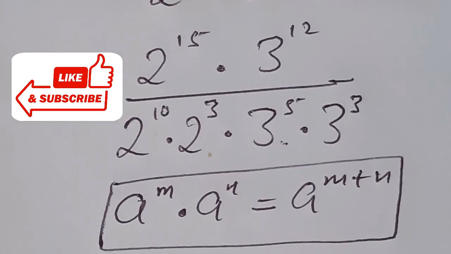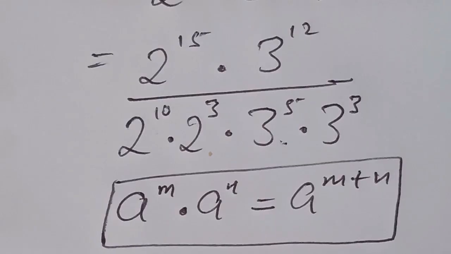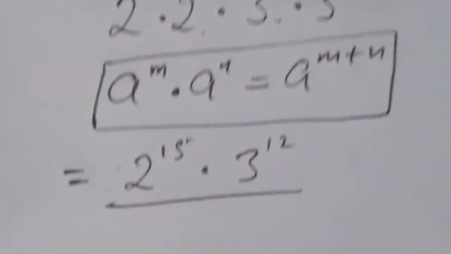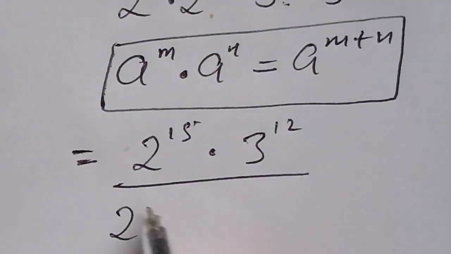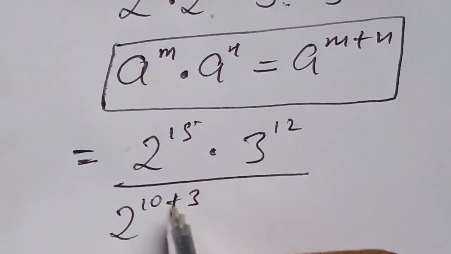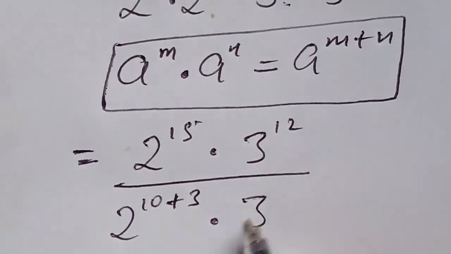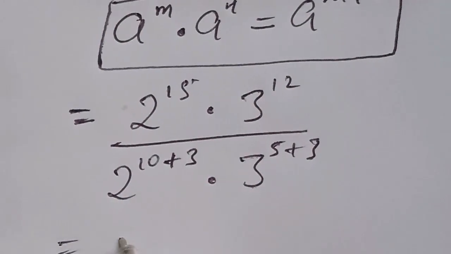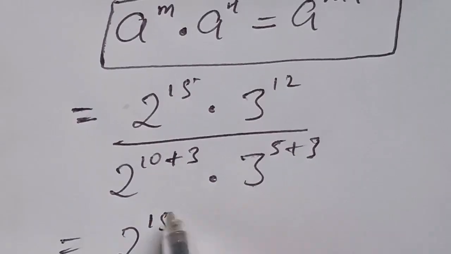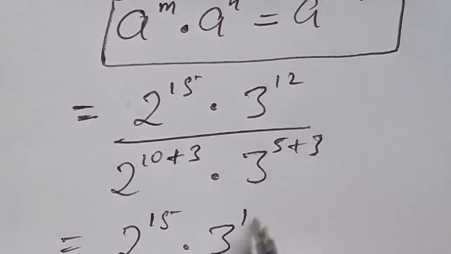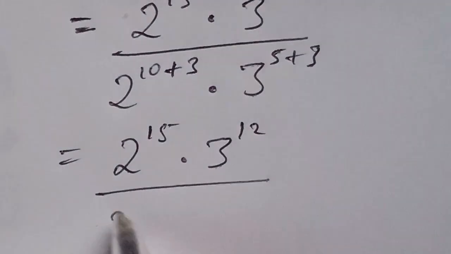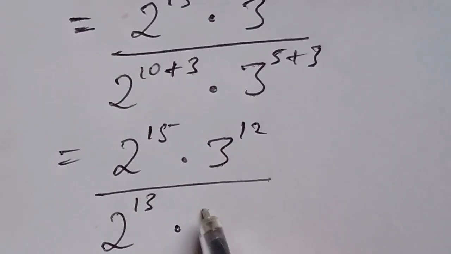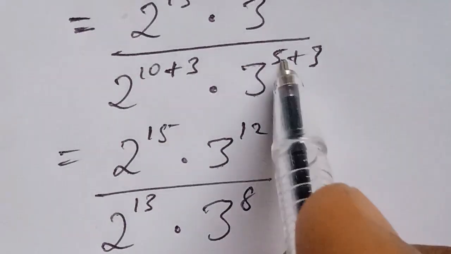So we have that to be equal to 2 to the power of 15 multiplied by 3 to the power of 12, everything over 2 to the power of 10 plus 3, then multiply by 3 to the power of 5 plus 3. So this is written as 2 to the power of 15 multiplied by 3 to the power of 12 over 2 to the power of 13 if we add this together, then multiply by 3 to the power of 8 if we add this together.